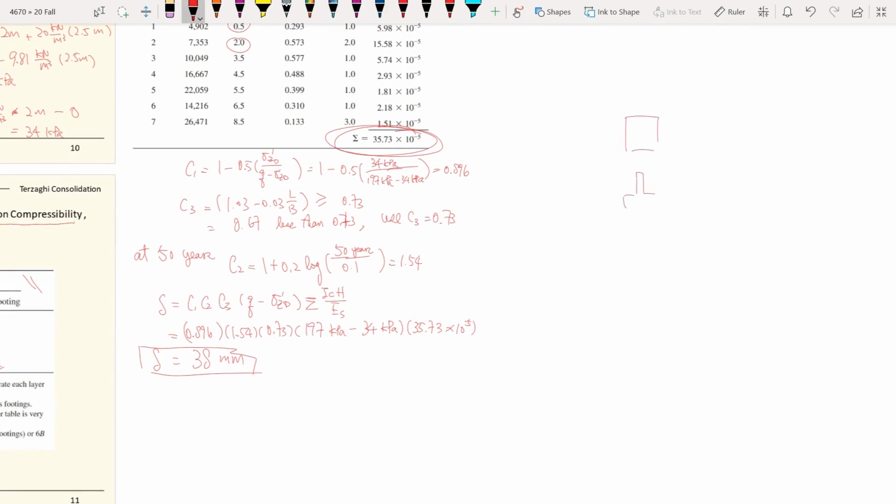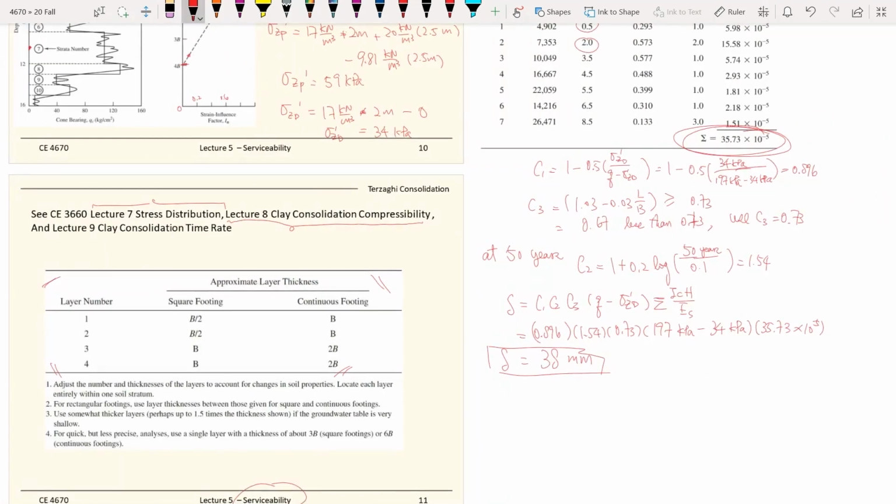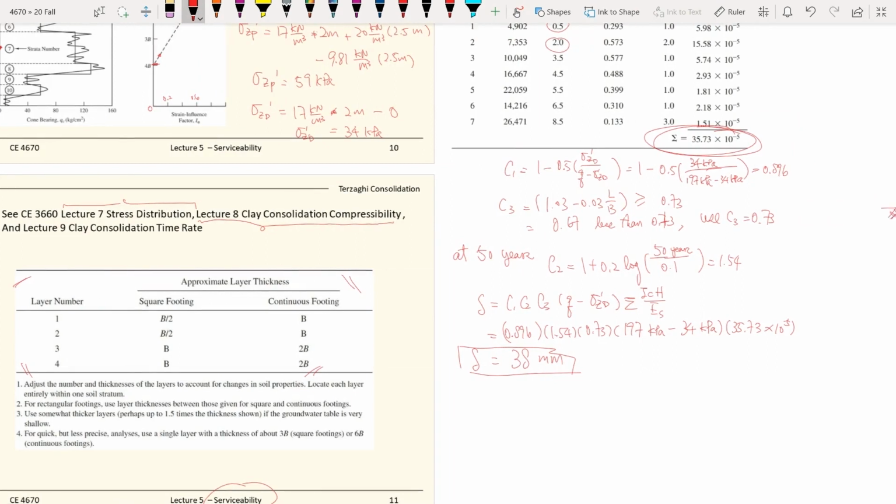For example, you have a square footing. This is your soil, your ground, and this is your foundation. The recommendation here is that you divide the compressible soil underneath your foundation into 4 different layers.